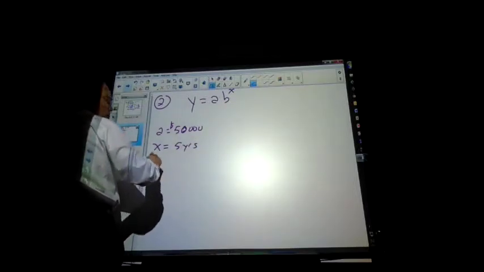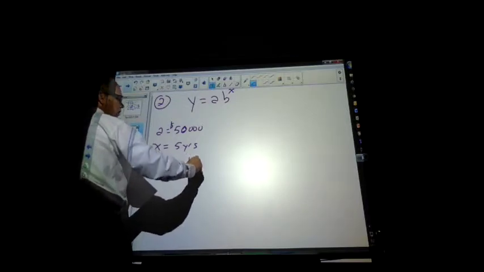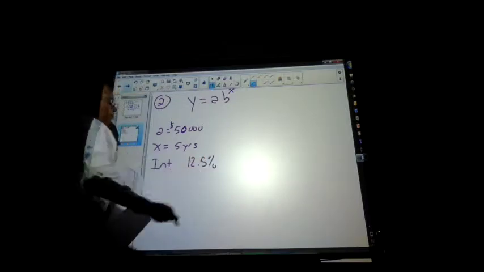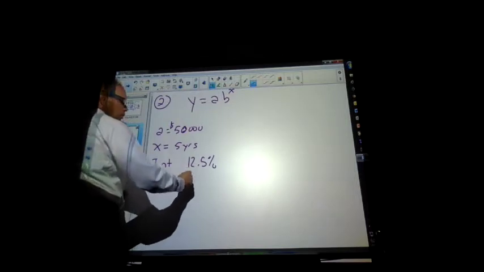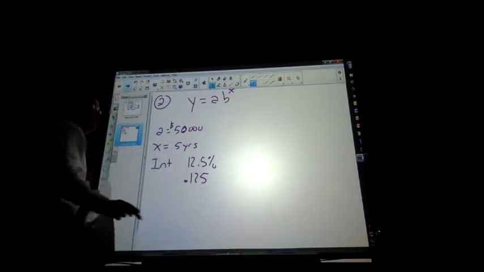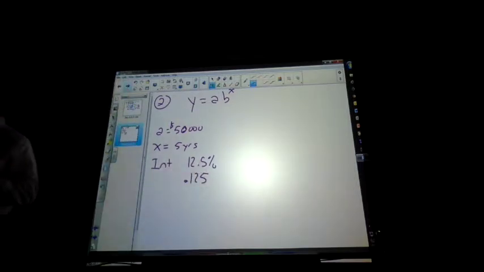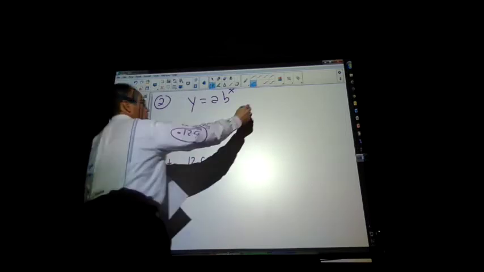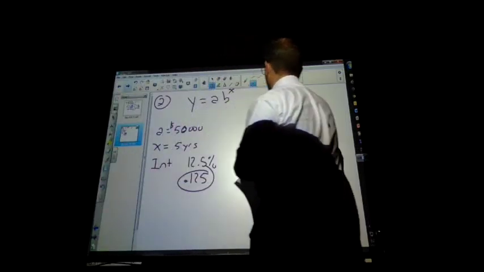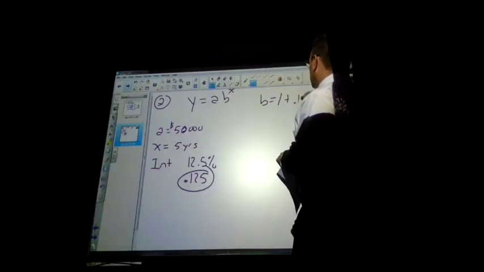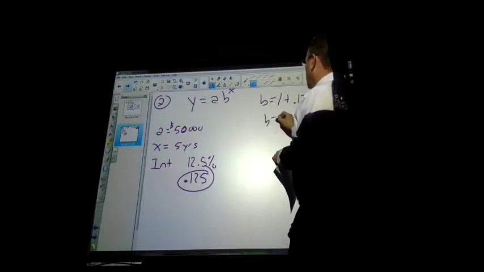The interest on this is 12.5%. So I'm going to change 12.5% to a true decimal, which is 0.125. Is this growth or decay? Growth. The debt is growing and growing and growing. So in order to get B, B is going to become 1 plus whatever our percent is as a decimal. So our B value is going to be 1.125.